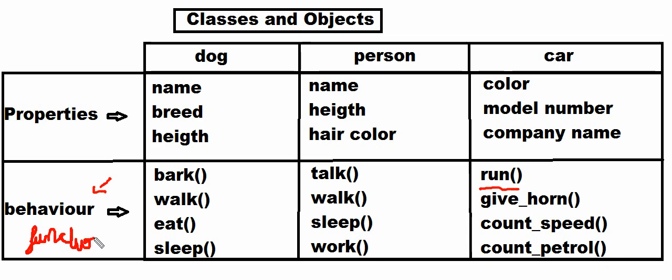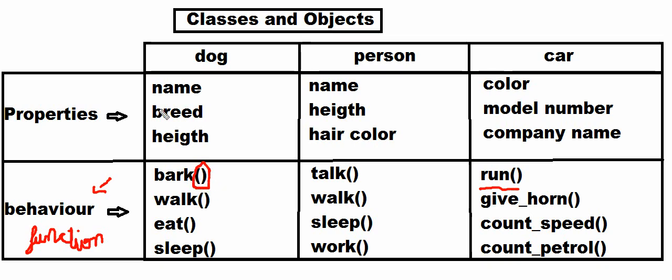A function which belongs to a particular class is called a method. In programming, the properties are nothing else but the variables, and the behaviors are nothing else but the functions that we define using parentheses.